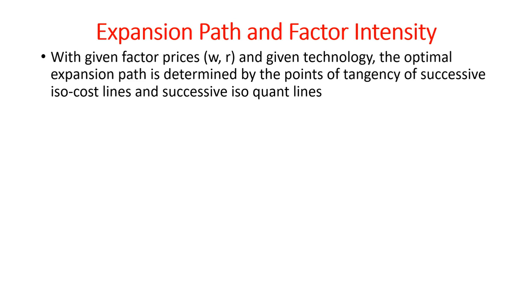In simple words, the expansion path shows us the growth path in the production because of an increase in the budget of the firm. This is quite similar to income effect we studied in consumer theory.